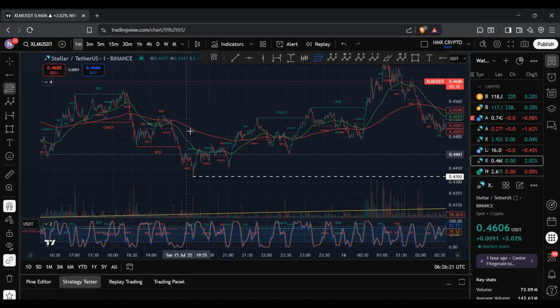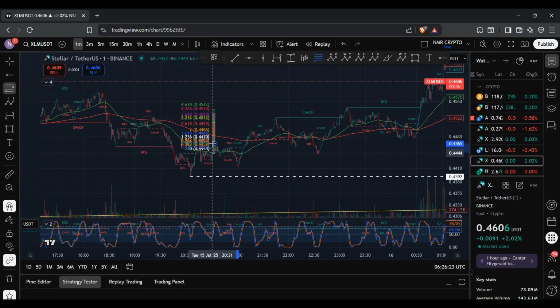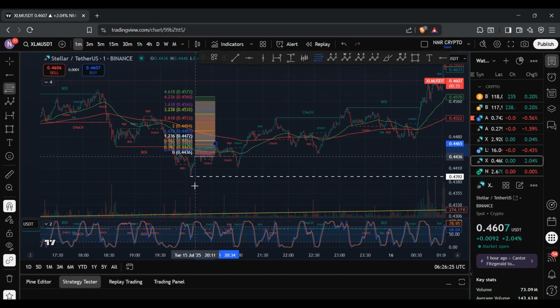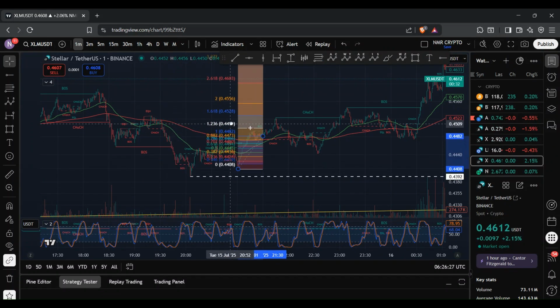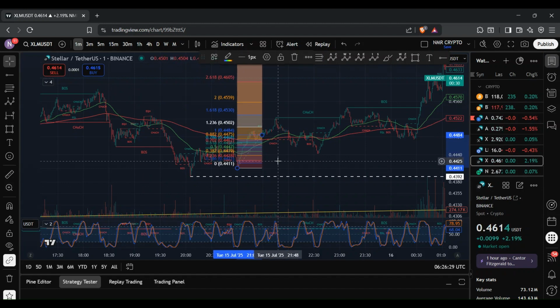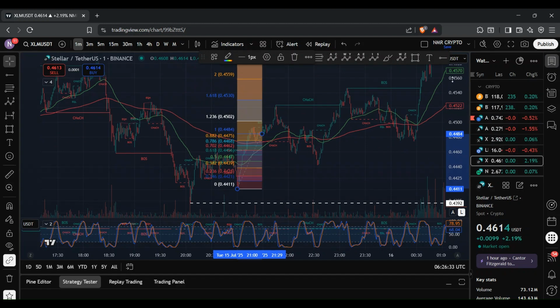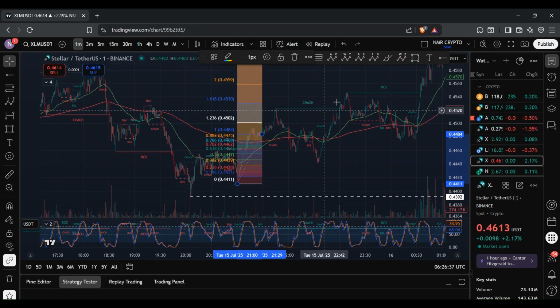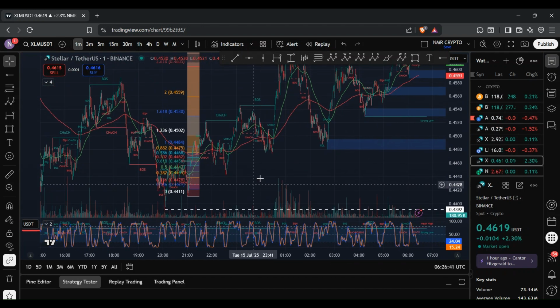So if I bring in the Fib tool, that 1.618 level sits at 45.3 cents. And we ended up reaching this level here at 45.46 cents.